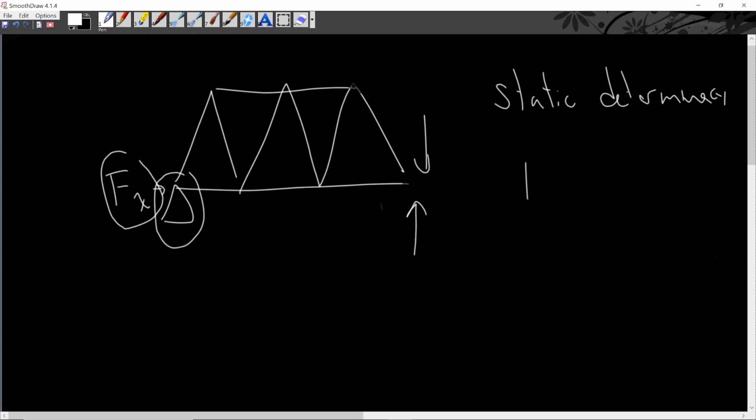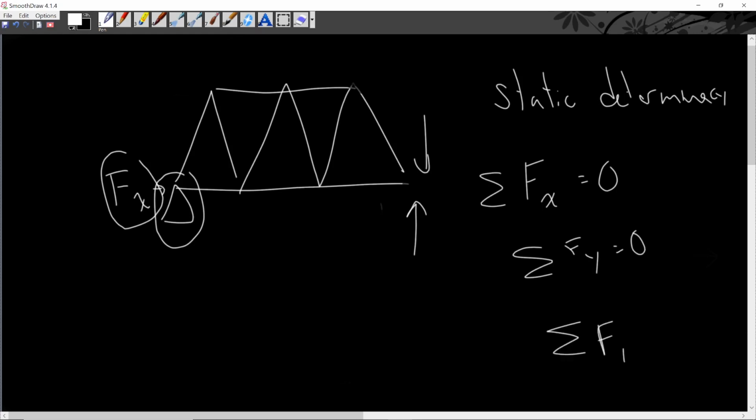As we said, the sum of the forces in the x direction will equal 0, the sum of the forces in the y direction should equal 0, and then the sum of the moment forces, the forces that can rotate some truss or some object around a specific axis, which is in this case going to be our pin supports. So this rotation should be canceling out so that we don't have a spinning truss.